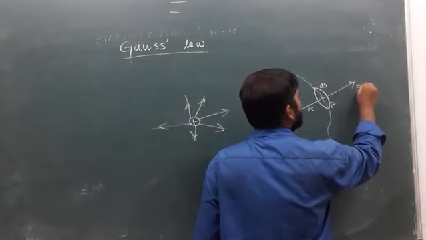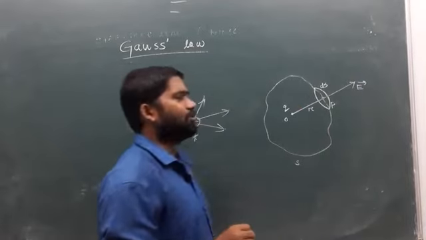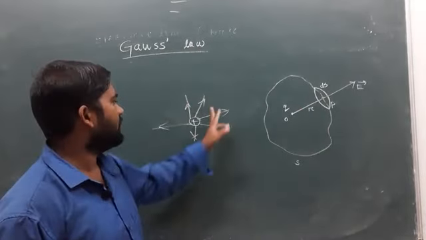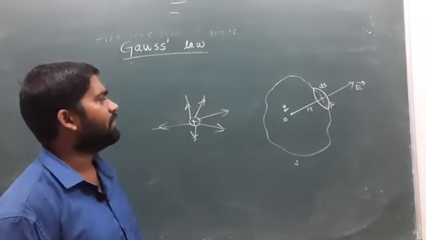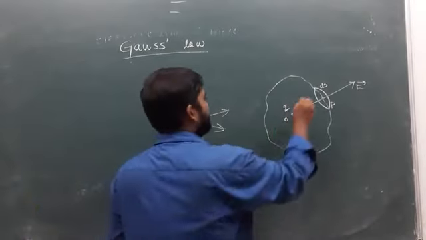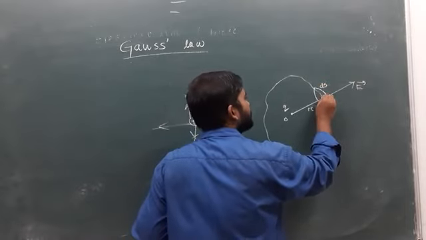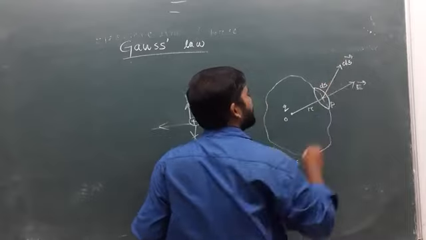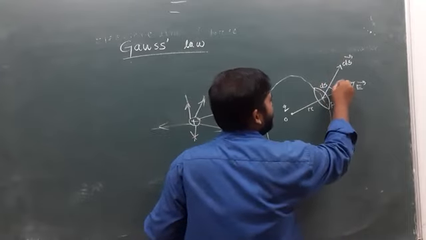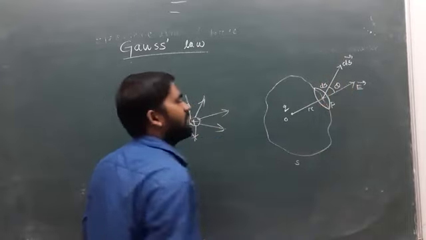Suppose this is the direction of the electric field intensity, these are the directions of electric lines of force, and this one is a small surface. Suppose this is the surface vector ds, and the angle between the electric field and the ds vector is theta.